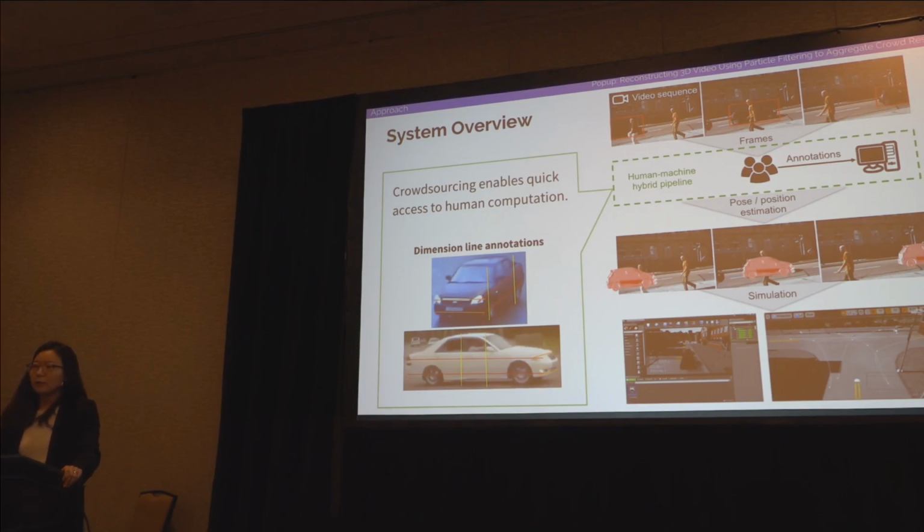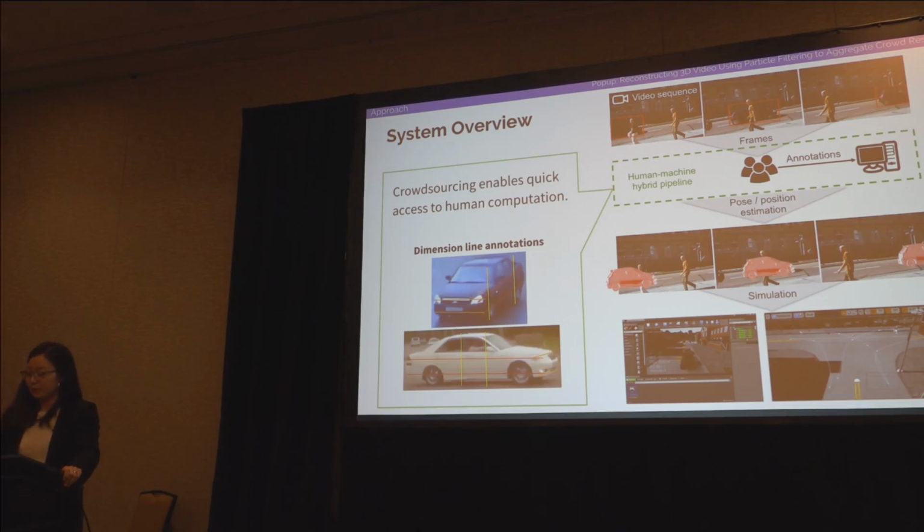We use crowdsourcing because it's flexible and scalable, and it's a quick access to human computation. For the annotations, we used dimension line annotations, which are basically the length and height lines of the target object. We use this because it's very easy to use even for non-experts, and we could even convey the depth information if needed. So with the system, is the problem solved?